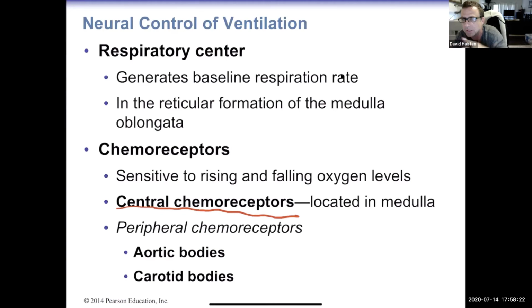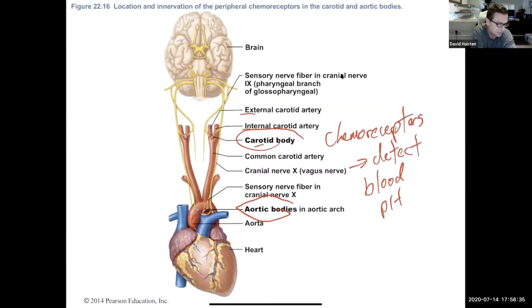So the medulla has little sensors for the cerebral spinal fluid. And these peripheral chemoreceptors are checking out what oxygen is like in your blood, being sent out the aorta and up the carotid arteries.